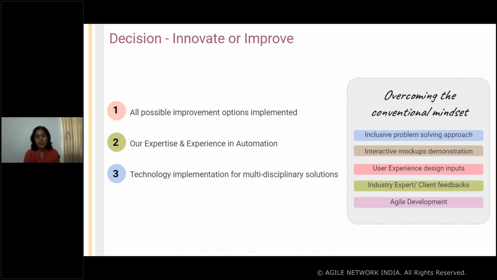So they had done whatever was possible within the legacy and proprietary software that they were using. They had tried all options, and had already put those improvement options in place.